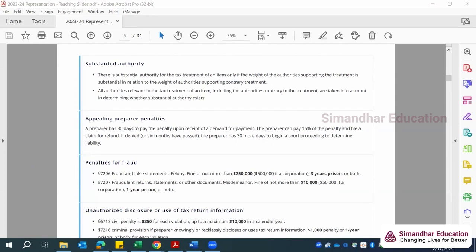Can you please explain disclosure of position to the IRS? Does only the preparer disclose their position to the IRS by filing Form 8275-R, or does the tax filer also need to disclose a position? No, when you are preparing a tax return for a taxpayer, you are doing everything for them, right?